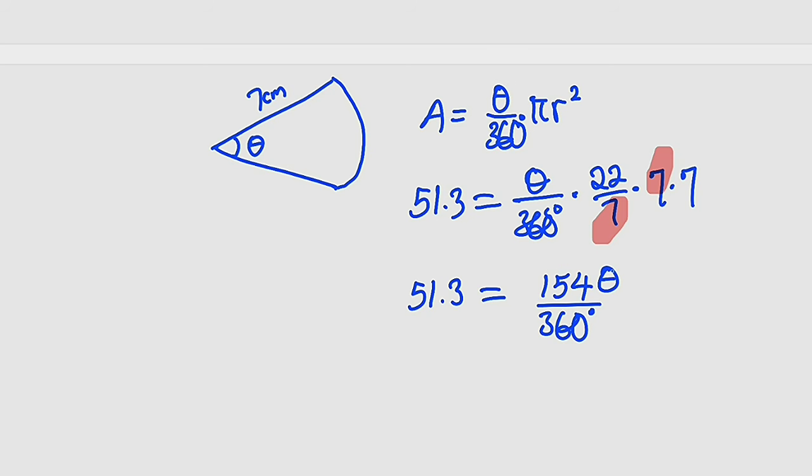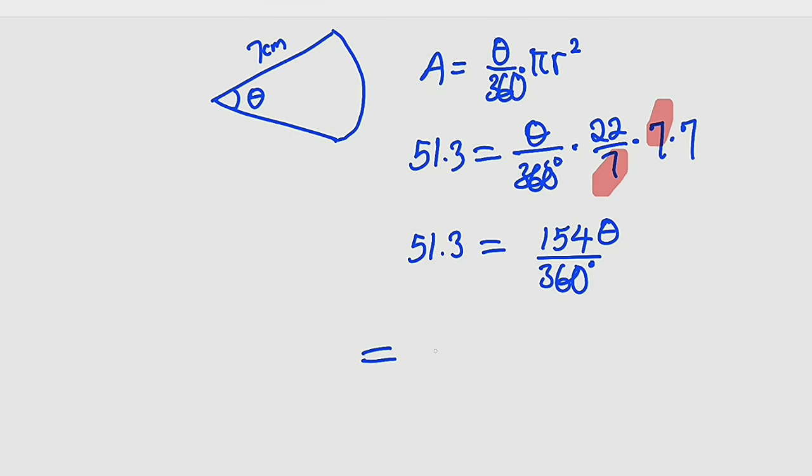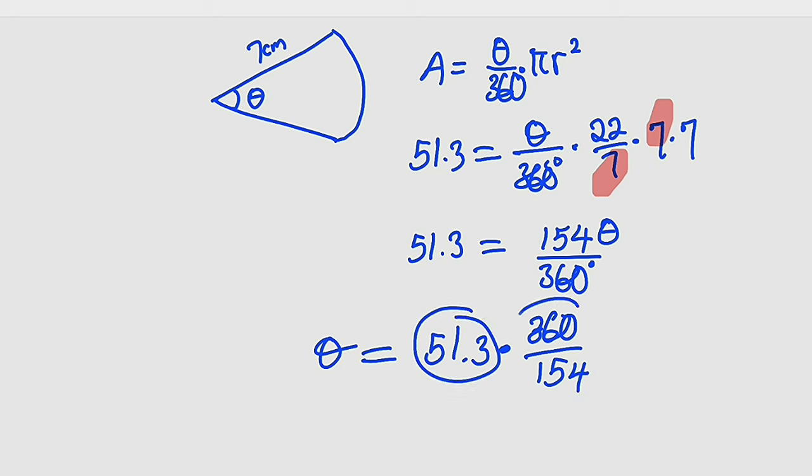And remember, since we are looking for theta, we can multiply both sides by the reciprocal of this. So theta equals 51.3 multiplied by the reciprocal, which is going to be 360 divided by 154. You can just take your calculator, take this value, multiply by this, and whatever you get, divide by 154.